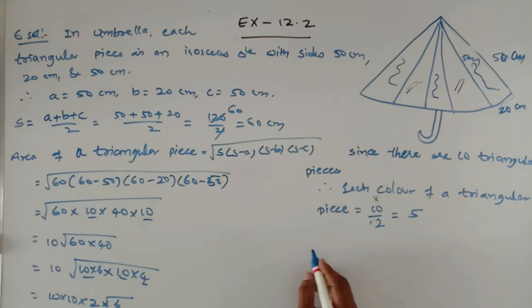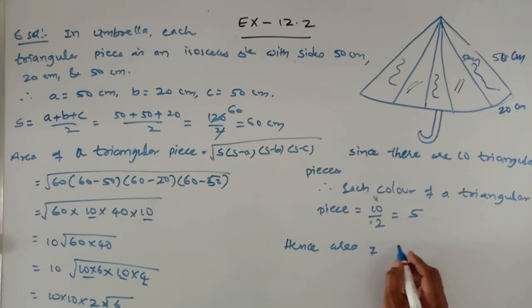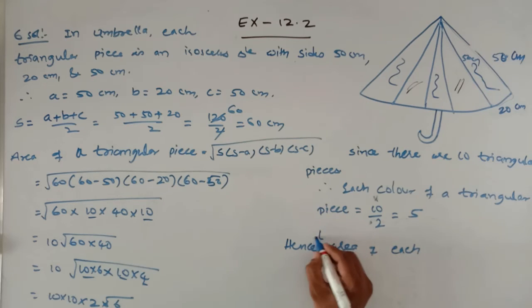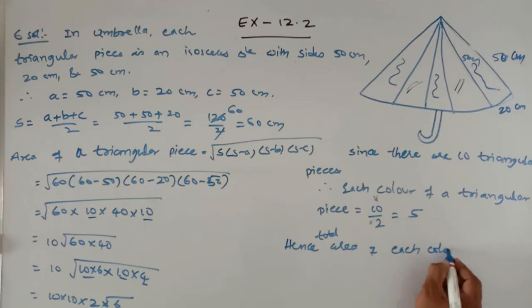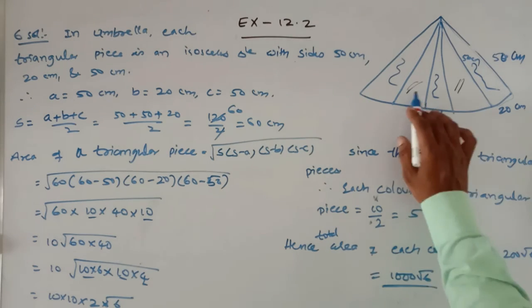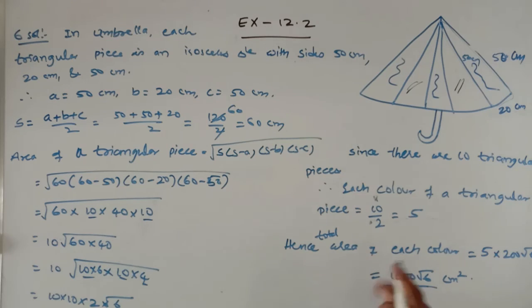Now the total area of each color is the number of pieces, 5, into 200 root 6, which is 1000 square root 6 square centimeters. So the blue color is 1000 square root 6 square centimeters, and the black color is also the same, 1000 square root 6 square centimeters.